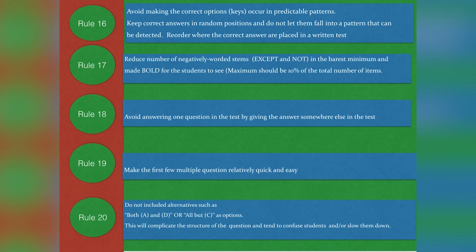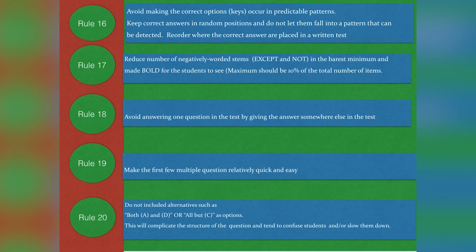Yes, rule number 16 now. They are supposed to avoid making the correct option key occur in a predictable fashion. What do we mean? When you see them give options, the correct answer will be underlined in red for you. We will see that later in the practical aspect of this lesson.